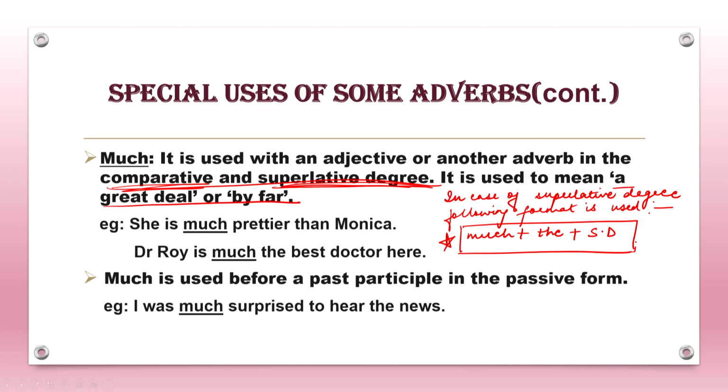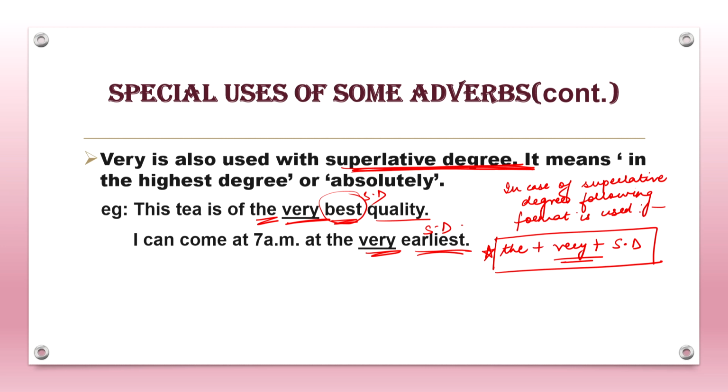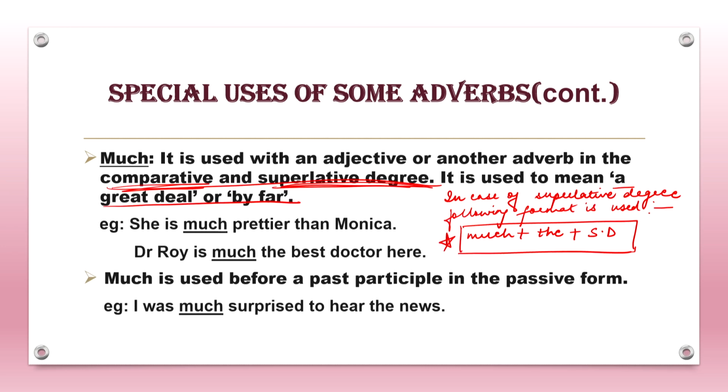So, as you can see, there is a difference between very and much. In case of very, the format was the plus very plus superlative degree, whereas in case of much, much comes before the and your superlative degree.